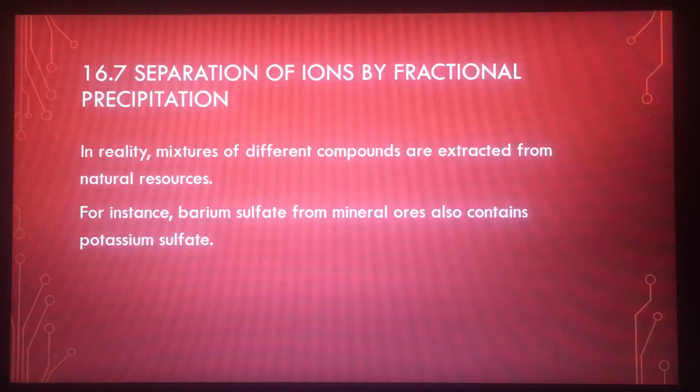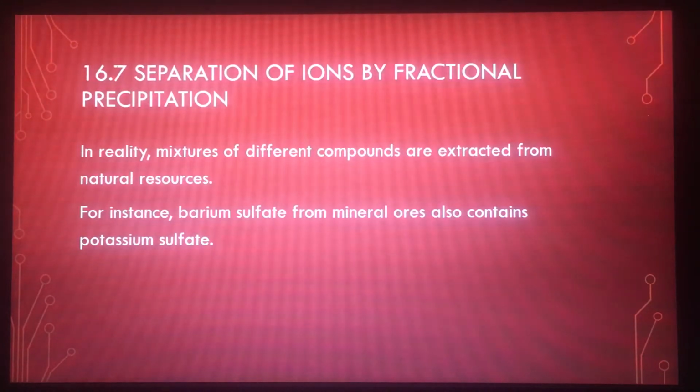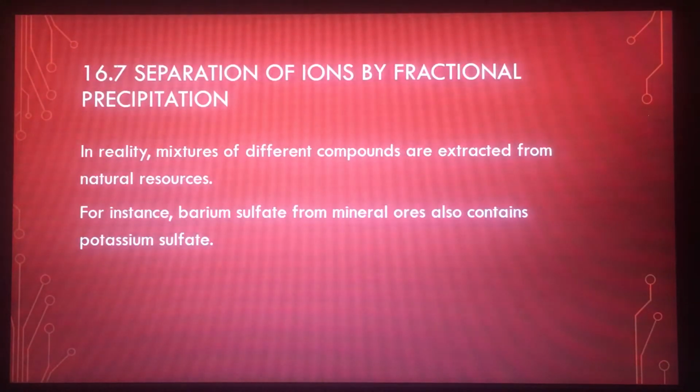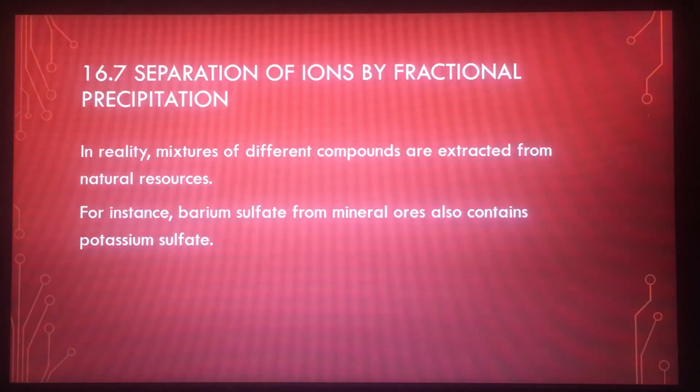Hello again, guys. So this is the last topic for chapter 16, which is the separation of ions by fractional precipitation method. In reality, if we are extracting mineral ores in the natural resources, we get mixtures of different compounds.